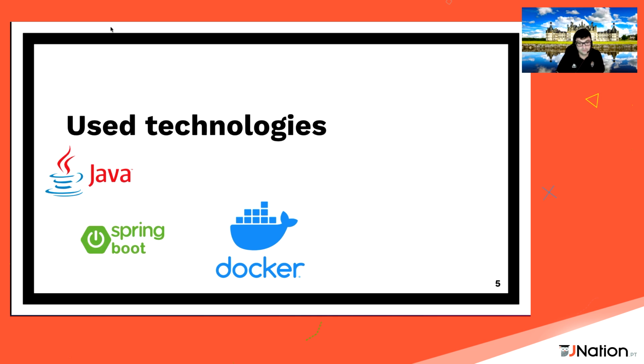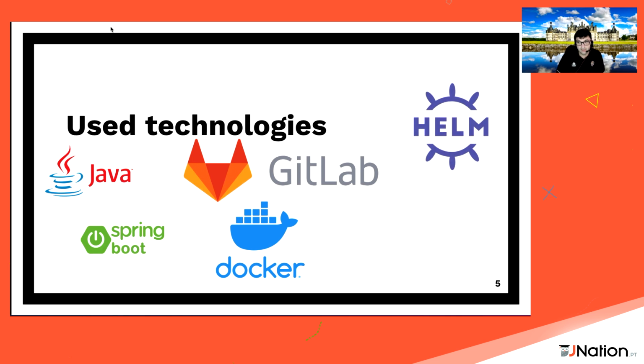I also use Docker, then GitLab for source configuration management and CI, CD, and so on. I also use Helm templates to deploy applications to OpenShift. I also use public cloud providers such as AWS, Azure, and so on, but I mainly worked on OpenShift and on-premise cloud clusters.